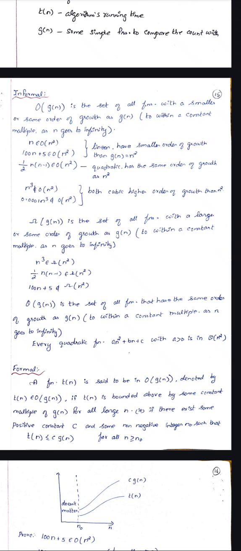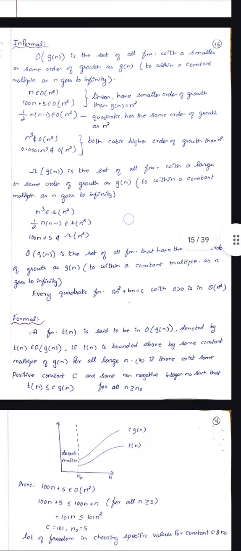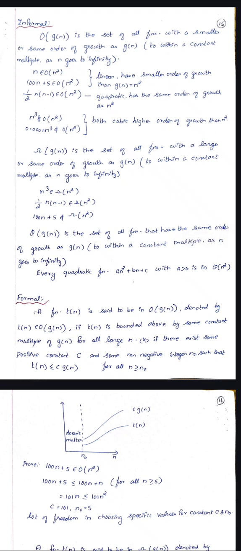But big omega of g of n is the set of all functions with a larger or same order of growth as g of n, to within a constant multiple. This will be omega of n square.